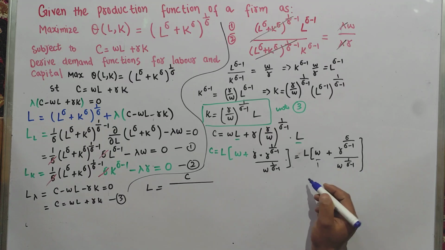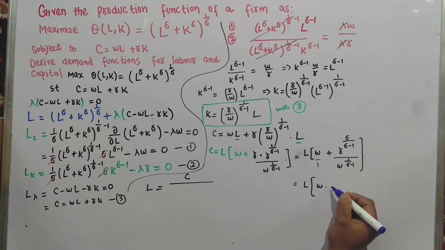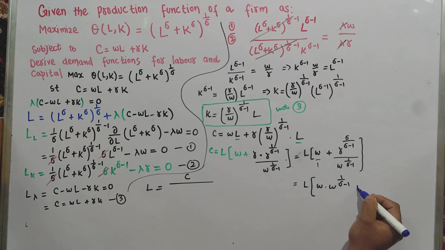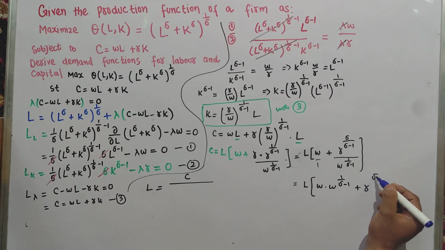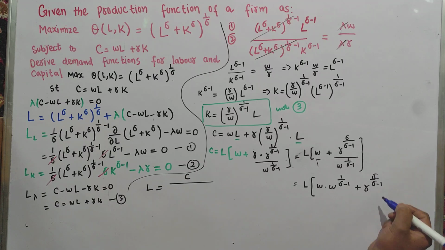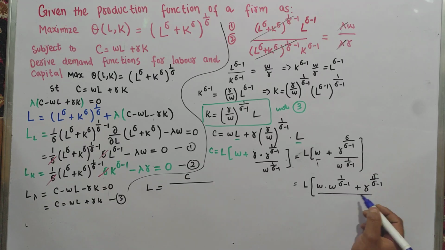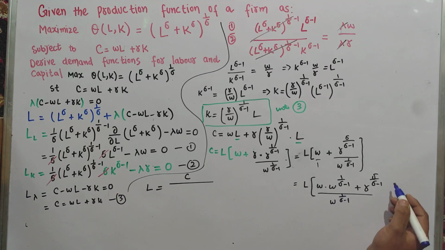Doing cross multiplication, what will we get here? We get W times W raised to the power 1 divided by (delta minus 1), plus R raised to the power delta divided by (delta minus 1), whole divided by W raised to the power 1 divided by (delta minus 1).